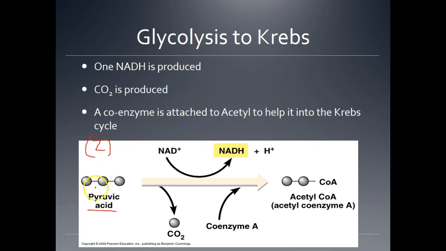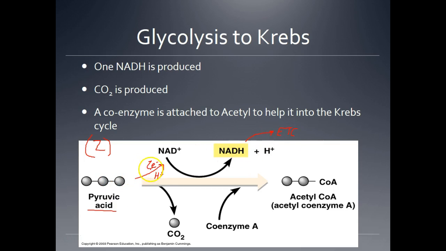But one molecule of pyruvic acid will be oxidized, meaning we're going to take 2 electrons and 1 hydrogen ion. We're going to give them to NAD+, reducing NAD+ to NADH. NADH is going to go to the electron transport chain, or the chemiosmosis process.